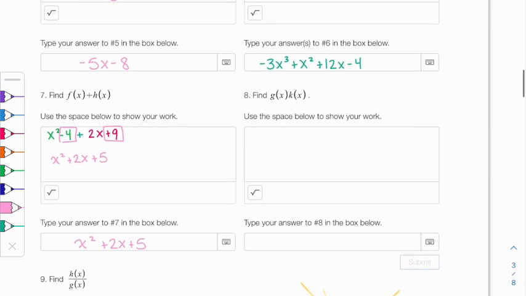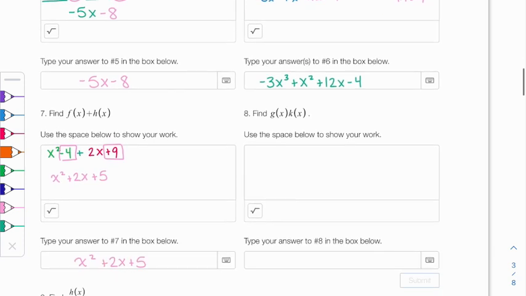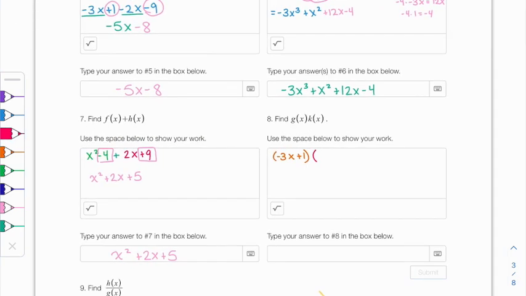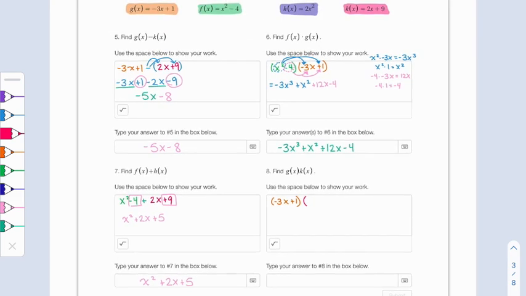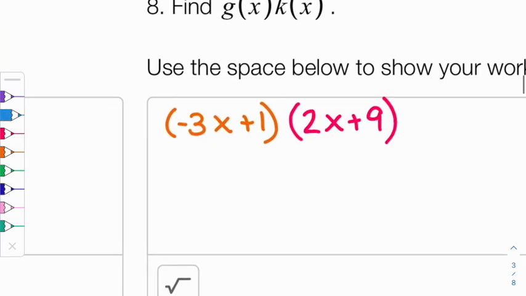I've got another multiply here, so this time it's g of x times k of x. So I'm going to do -3x plus 1 times k of x, which is 2x plus 9. And then comes my double distribute again.